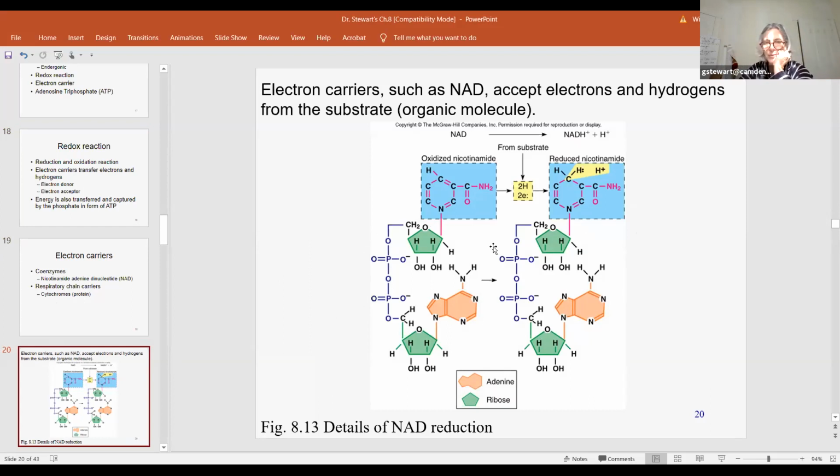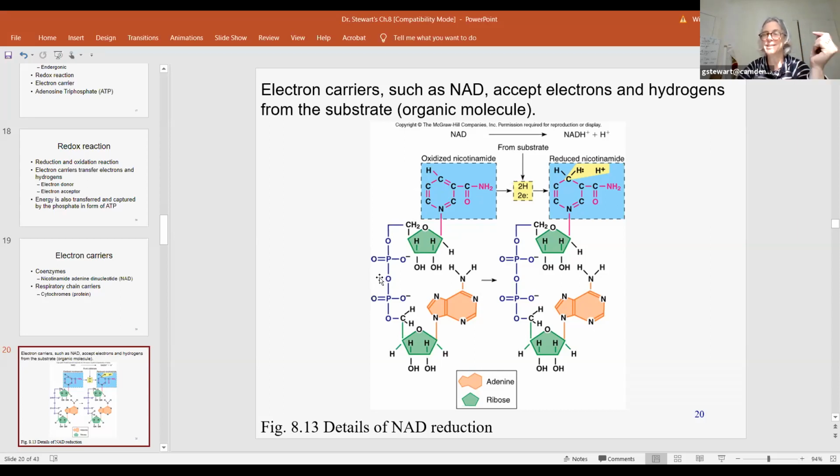So if we take a brief look here, this is the oxidized form, nicotinamide adenine dinucleotide. NAD stands for nicotinamide, which is a nucleotide. So it is a pyrimidine plus a sugar plus a phosphate. It's just a nucleotide that we don't use to make DNA or RNA.